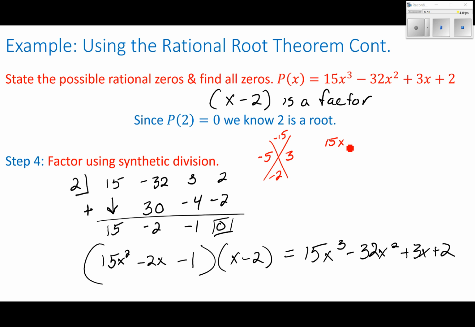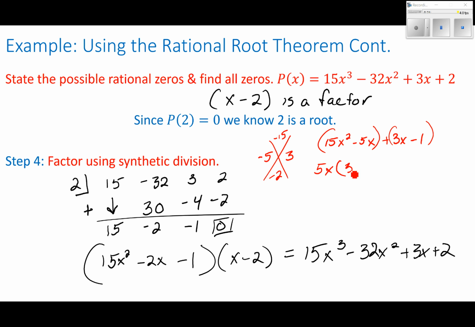So 15x squared minus 5x plus 3x minus 1, and we're going to do our factor by grouping. If I factor out, I can factor out a 5x. Getting ahead of myself, minus 1. That'd make a difference.